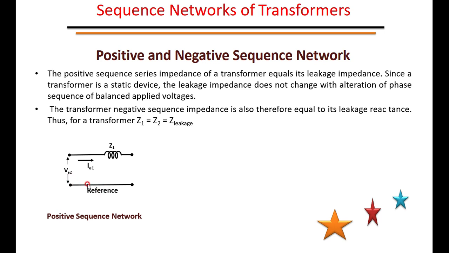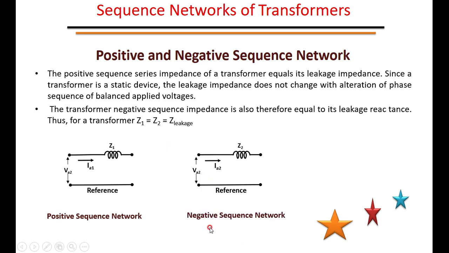It is not VA2; it is in the positive sequence, VA1. Similarly, in the negative sequence network, it is represented by Z2, the terminal voltage is VA2, and the driving current in the negative sequence diagram is IA2. This is how we represent the positive and negative sequence diagrams for the transformer.